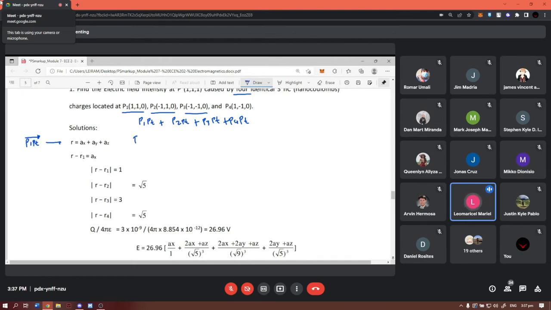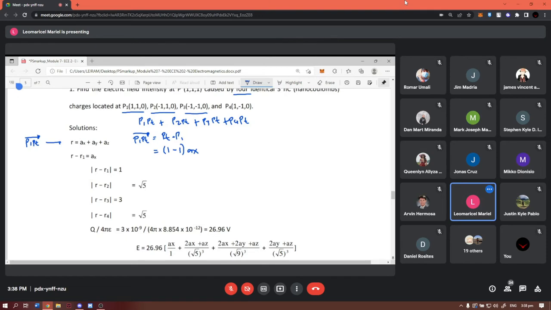Pag kinuha natin ang vector P1 PT, ano ibig sabihin nun? PT minus P1. Diba? Tama yon? Tama ba yung class? Opo, sir. Okay, now, ano yung test charge mo? 1. Minus, ano yung P1 mo? 1. Ano nakalagay dito?